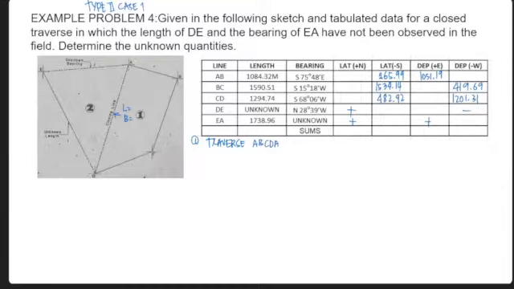So A, B, C, D, A. So summation of latitude is equals to 0. So what are the latitude for A, B, C, D, A? So latitude AB, plus latitude BC, plus latitude CD, plus latitude DA is equals to 0.